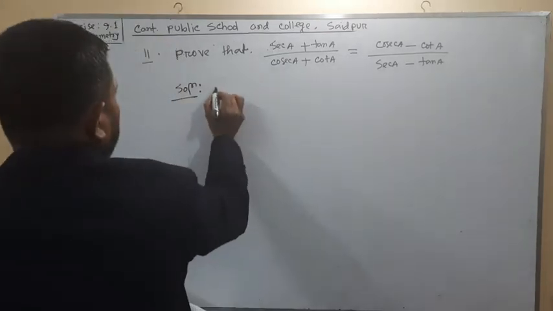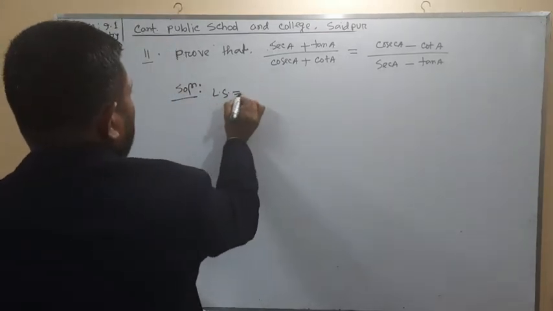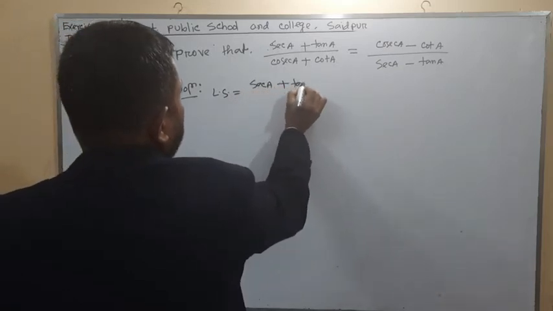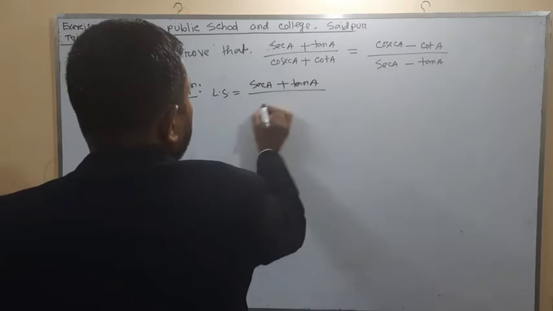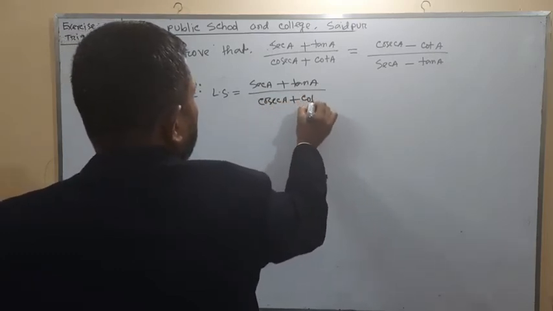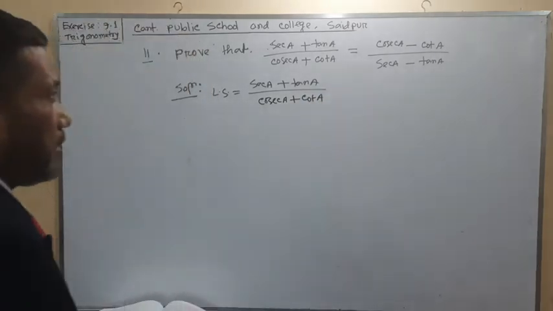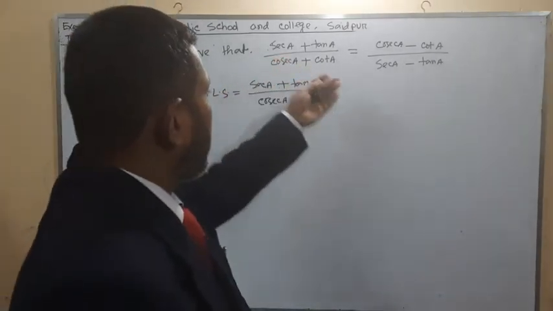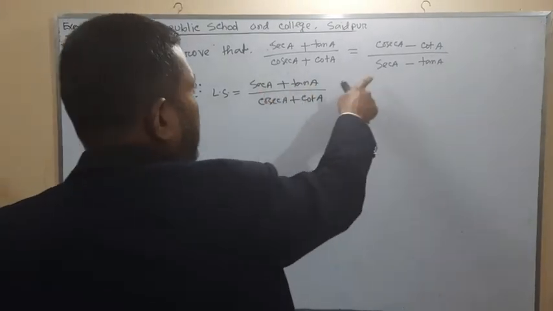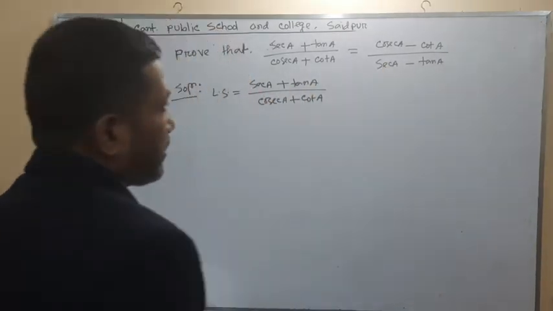First, I am writing the left side here: sec a plus tan a divided by cosec a plus cot a. This is the left side. In the right side, we have sec a minus tan a in the denominator.